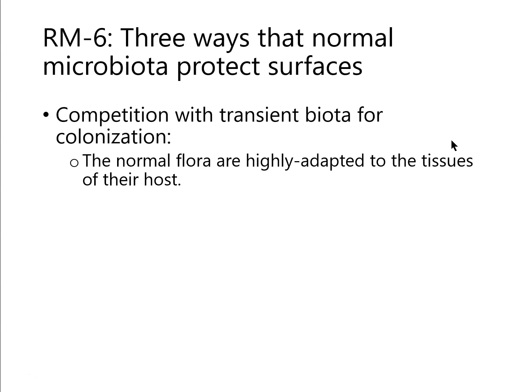So proteins and sugars on our external epithelia that bacteria can attach to, the ones that are best at attaching to them are the ones that we want to attach to them. And so they can just compete for space and compete for attachment sites.